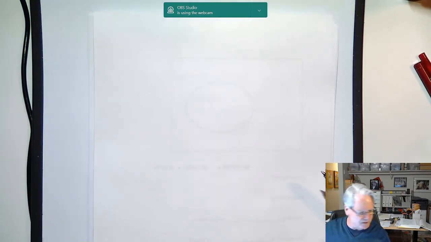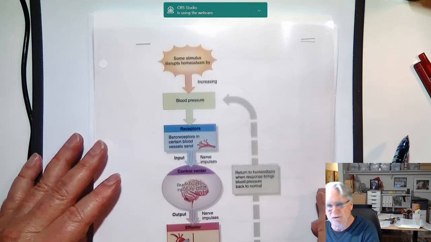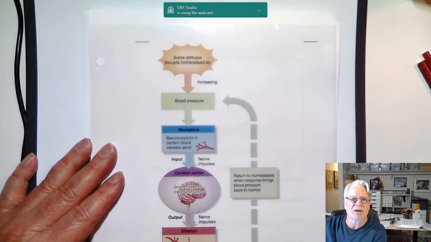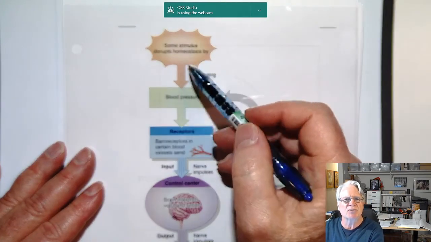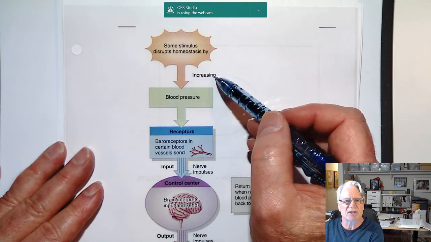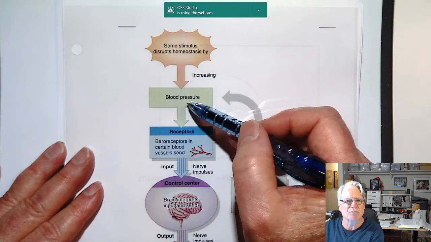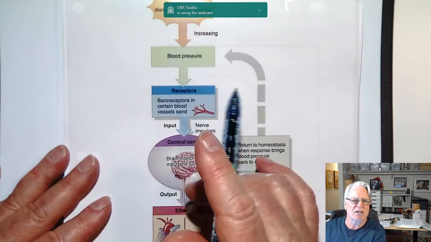Let's take this a step further and apply it to the specific example that we were using as we wrote our notes. So it's going to be, as you see here, some stimulus disrupts homeostasis by increasing, in this case, blood pressure. So there's an increase in blood pressure. The first thing we need to do is measure that.